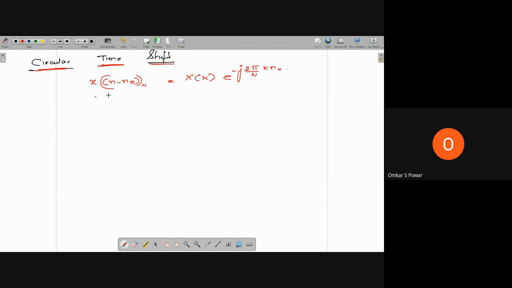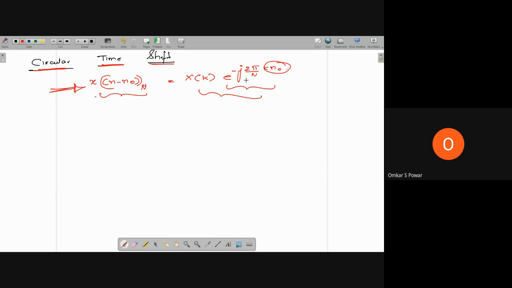This means that if you are shifting in the time domain, then in the frequency domain you have to multiply by e power minus j 2 pi by N k into n naught. So this you have to remember. See the statement: circular means this modulo N will come, and time shift n minus n naught. So you are shifting in the time domain, and in the frequency domain you multiply with the exponential.